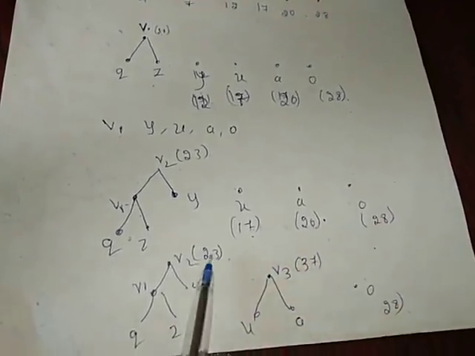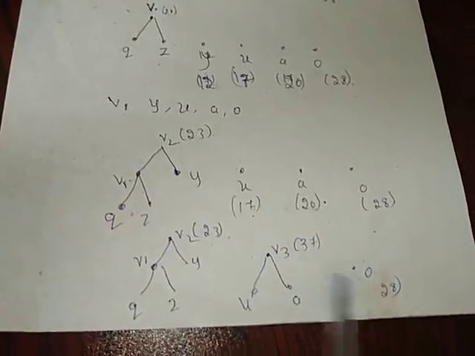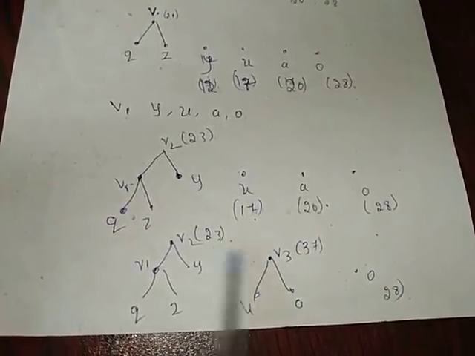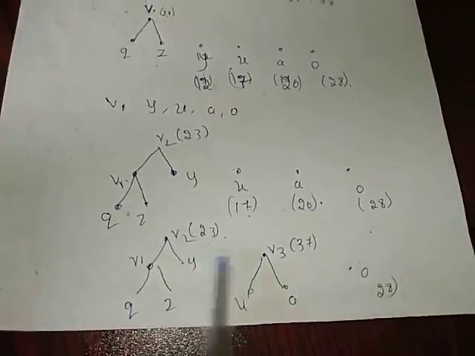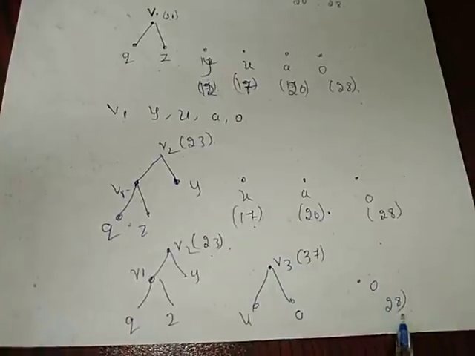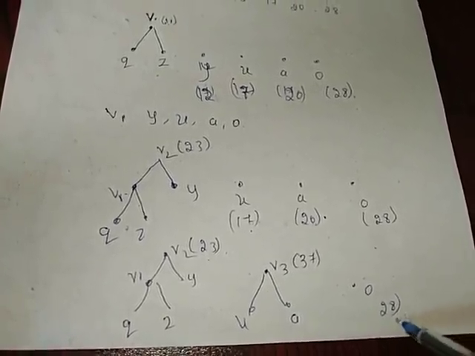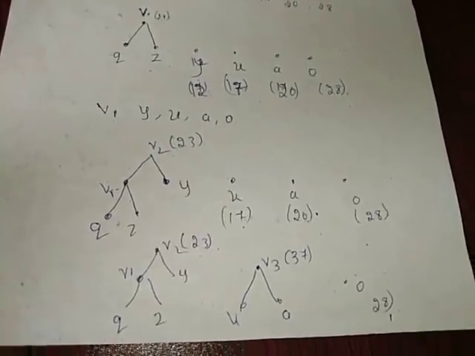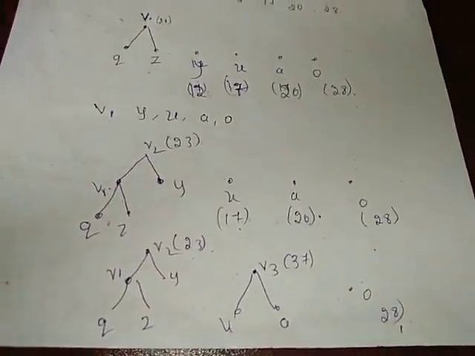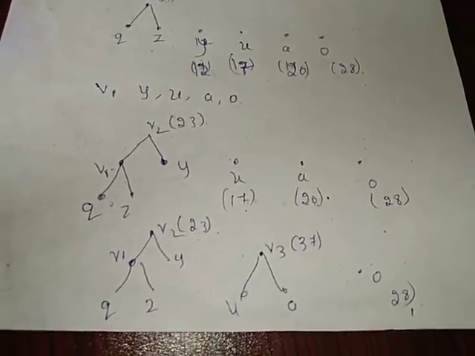Now the remaining vertices are V2, V3, O having the weights respectively 23, 37, 28. Now the minimum weights are 23 and 28. Add 23 and 28 and we get 51. Assign 51 as the weight for the new vertex V4, which becomes the root, and V2 and O become its children.